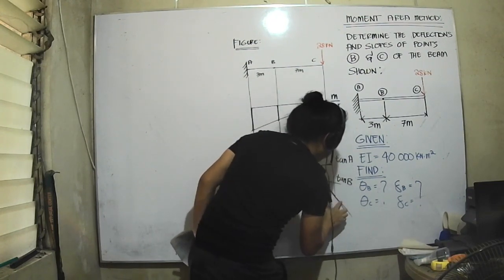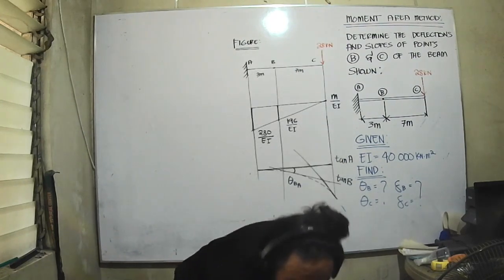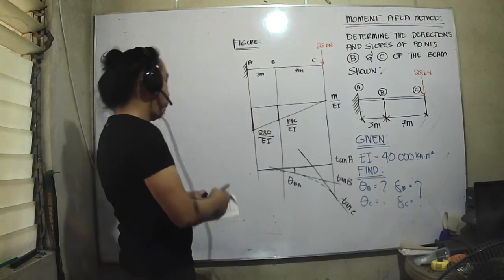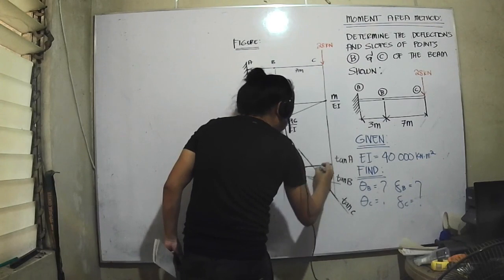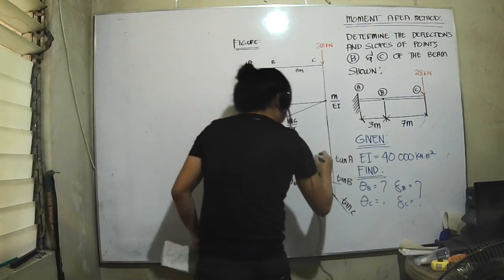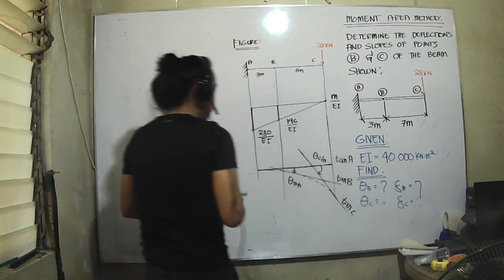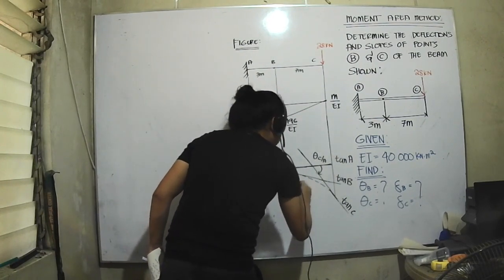Sorry, I'm not good at drawing. This is the tangent line to C, and the angle, in which I call this angle the deviation CA, okay?